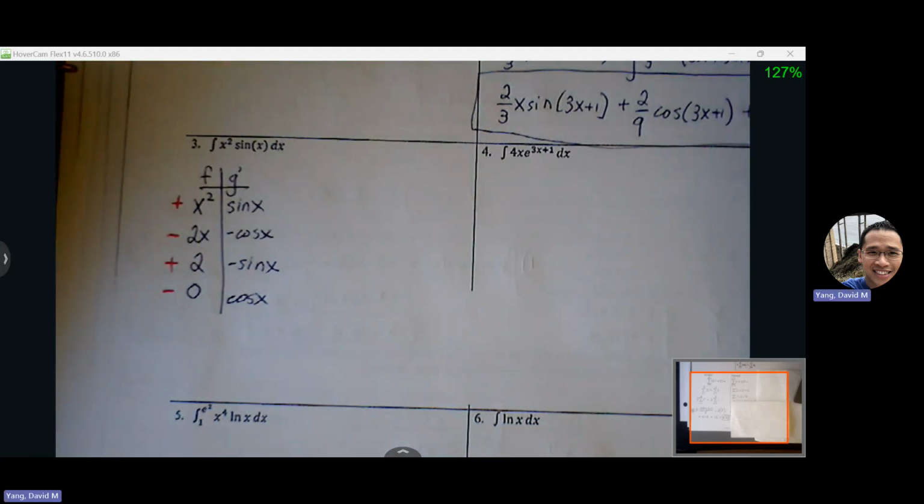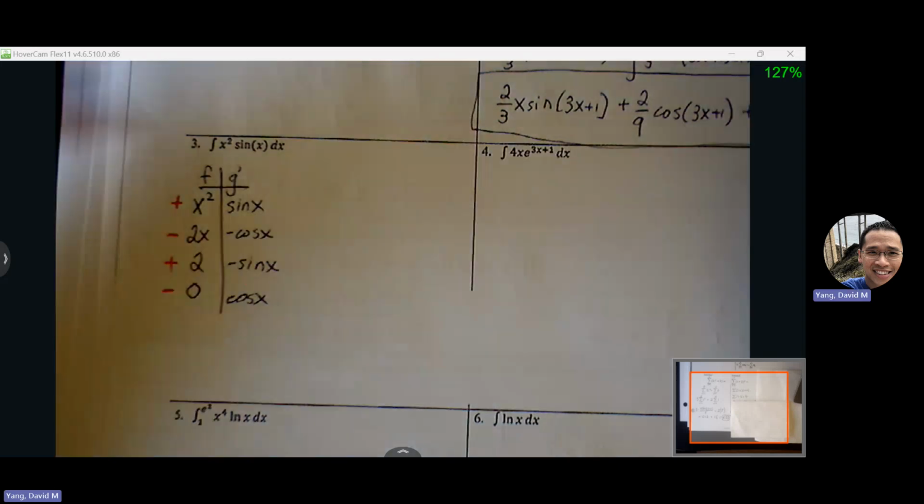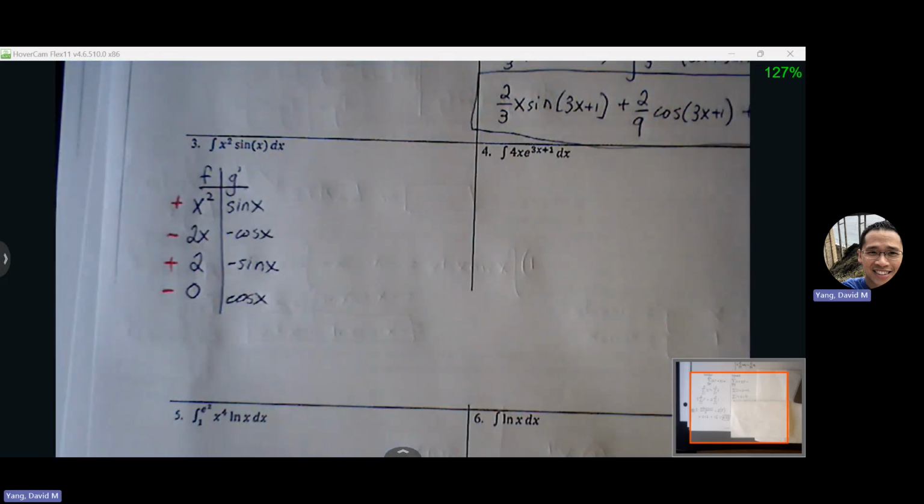X squared, see, I got algebraic. Remember, exponential is if I have a constant raised to a variable, like these are exponential. But if I have a variable raised to a number, that's polynomial or algebraic. Okay.